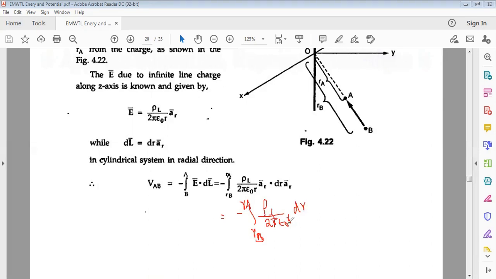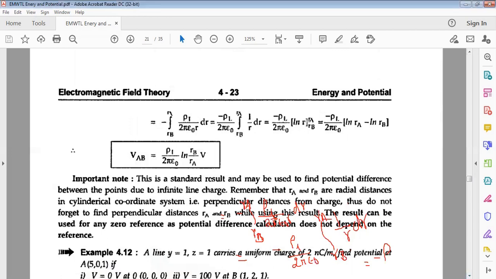Rho L by 2 pi epsilon naught is a constant, and the integral of 1 by R is ln of R. So minus rho L by 2 pi epsilon naught is a constant times the integral from RB to RA of 1 by R dR, which gives ln of RA minus RB.